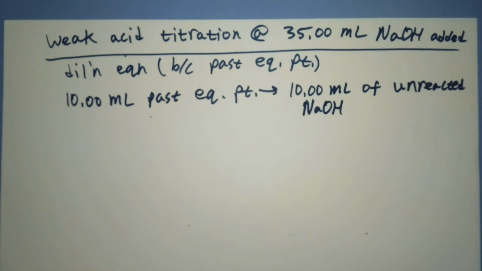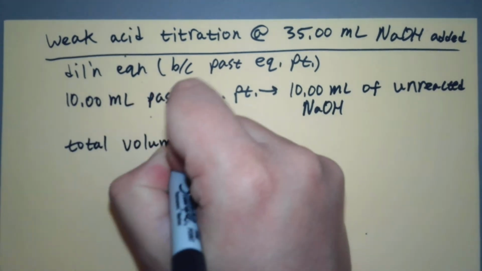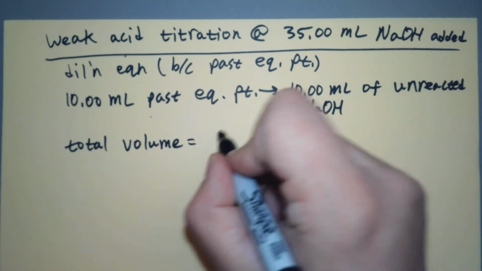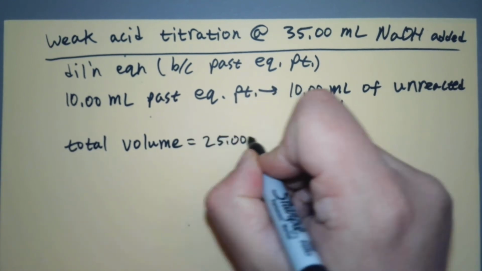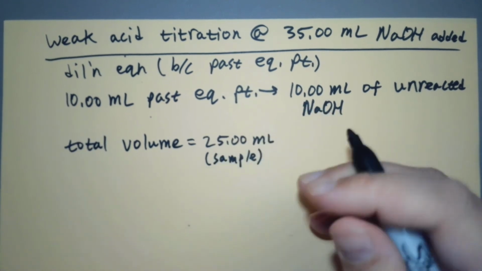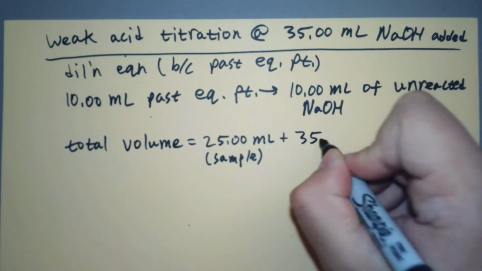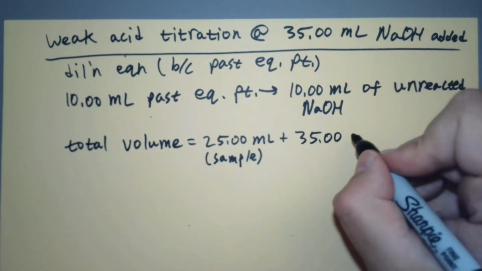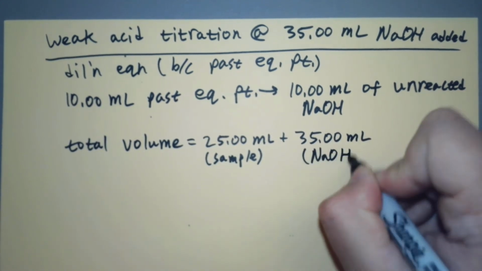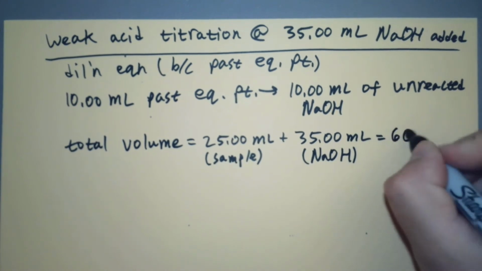And we have a total volume that is equal to our 25.00 milliliter sample that we started with. So it's the total volume of stuff in the beaker. What's in the beaker? Well, 25 milliliters of our sample, 35 milliliters of our NaOH. So all told, that is 60.